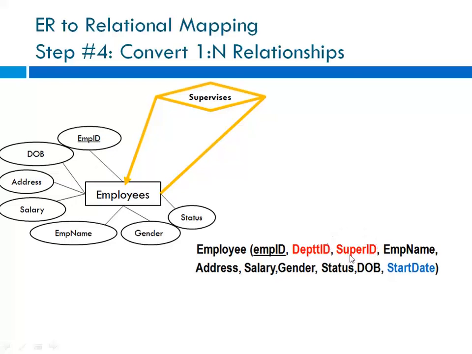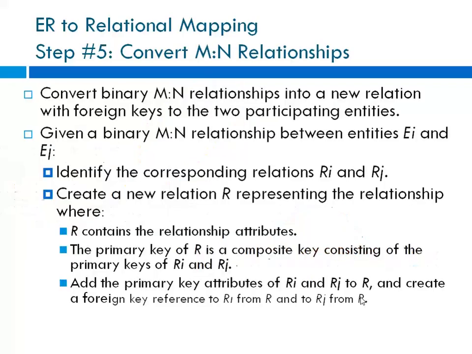So we have employee ID from the same table as a foreign key in the same table, but with the name super ID, which means that this specific employee has a supervisor with this ID. So this is the one-to-n relationship conversion into a relational database.